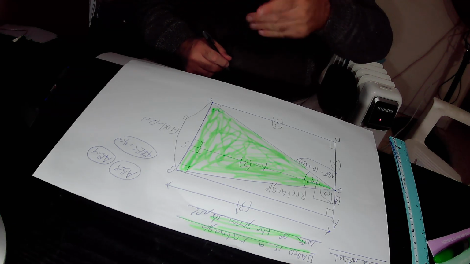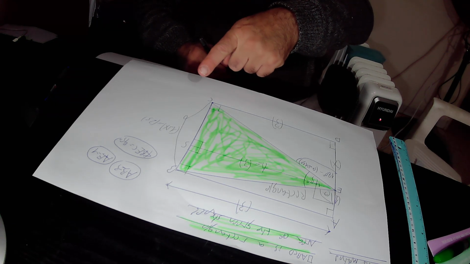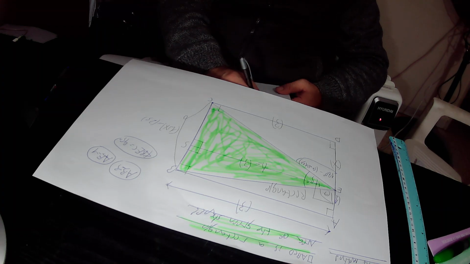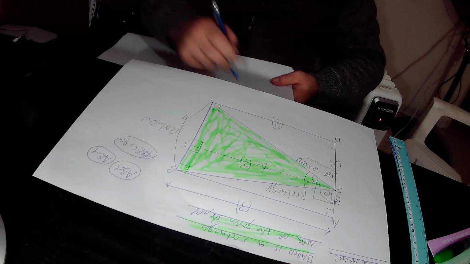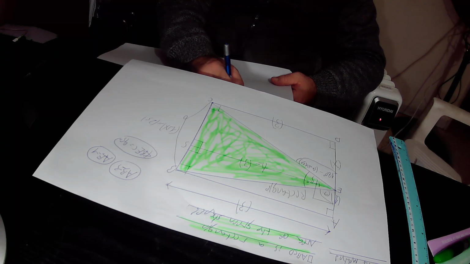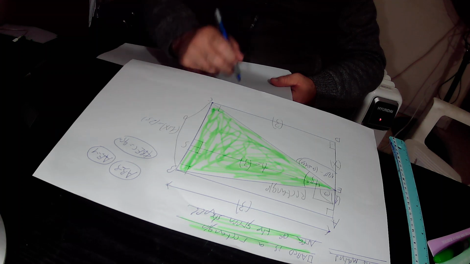And the area of the green shape equals the area of the green triangle BCE.